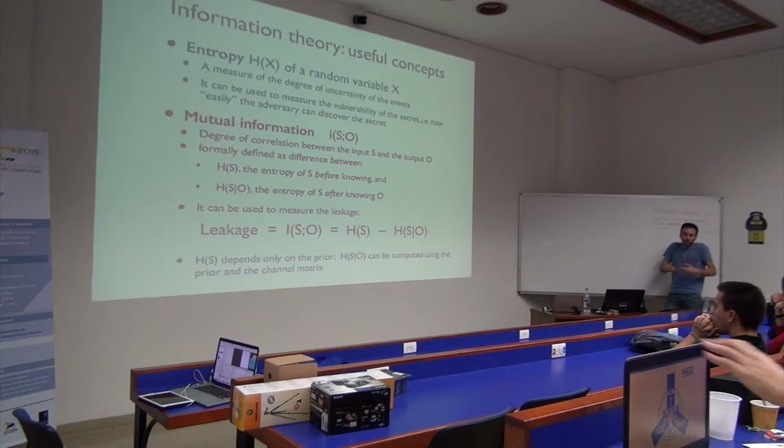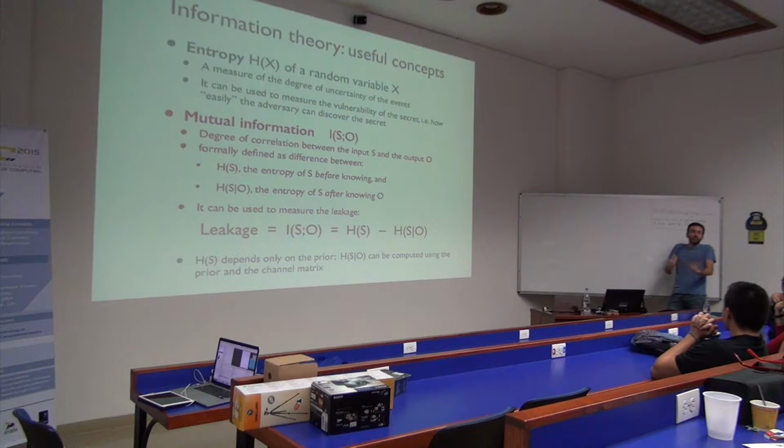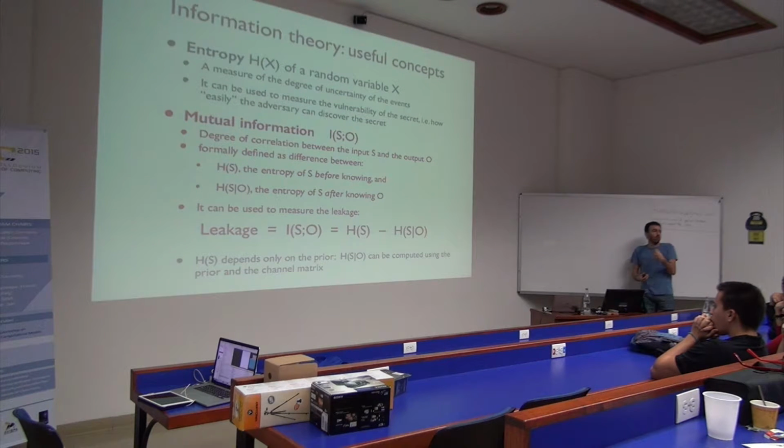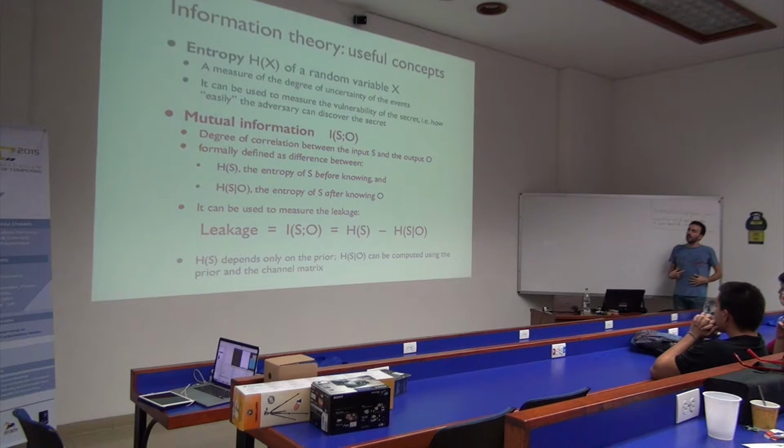I don't need any more information to figure out the outcome of my system. On the other hand, if there are a lot of different possibilities, and many of them have substantial probability, or I have no probabilistic information about them and it's just uniform, then entropy is high, because it's hard to predict what's going to happen.